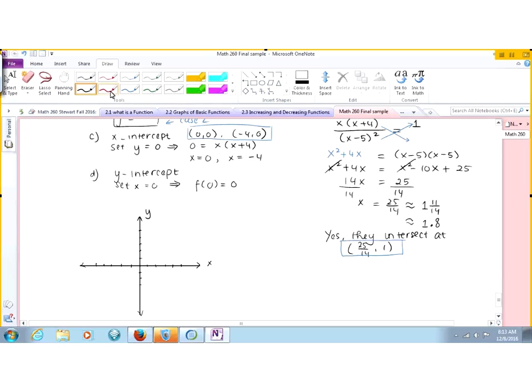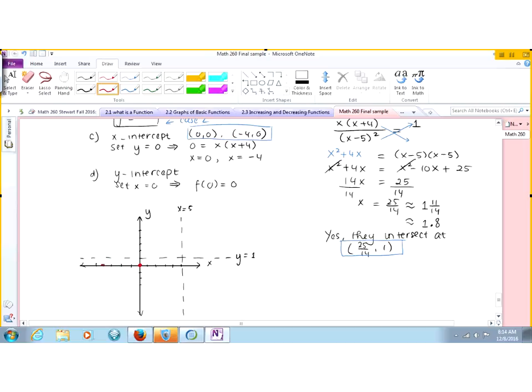So let's see. x equals 5 is right here. And then y equals 1 is right here. So now let's draw the points. (0, 0) is here.